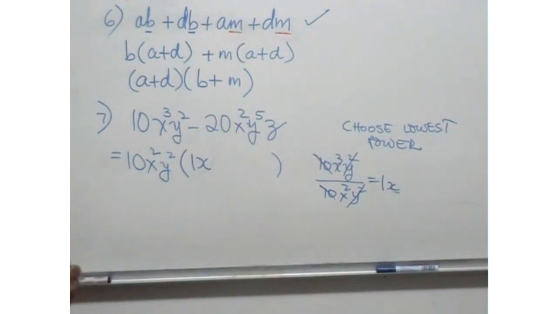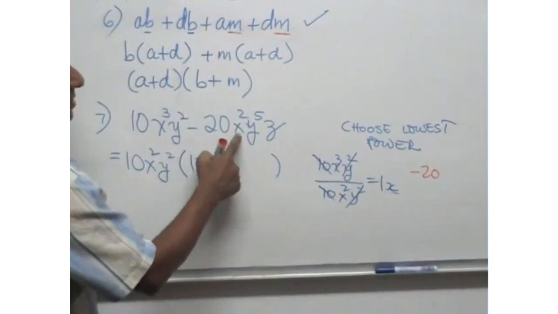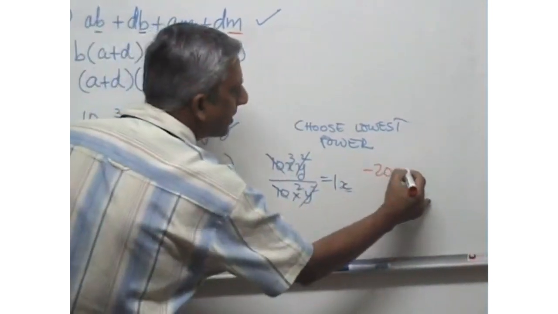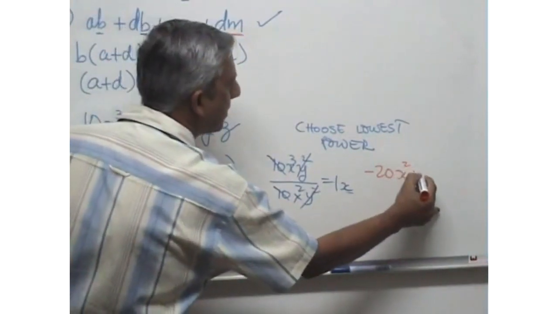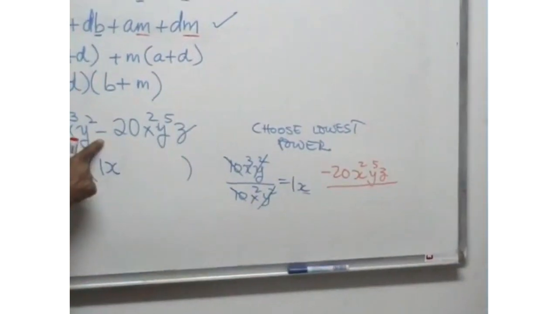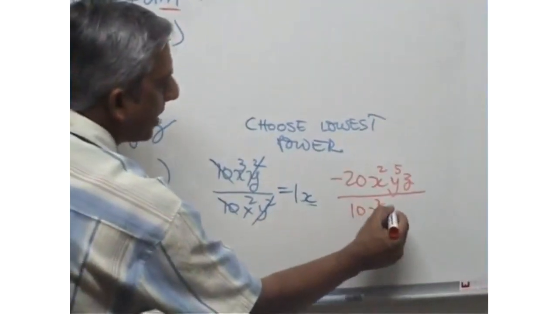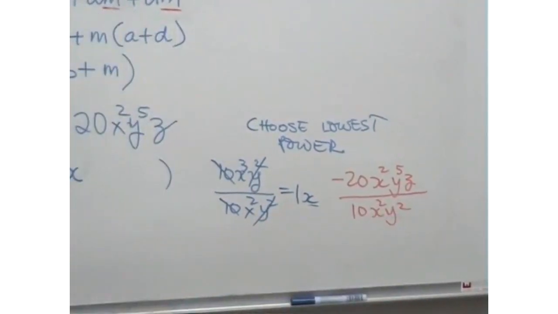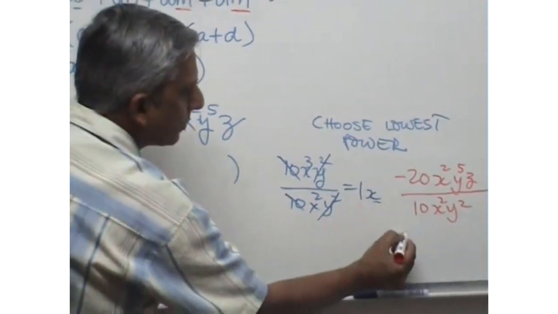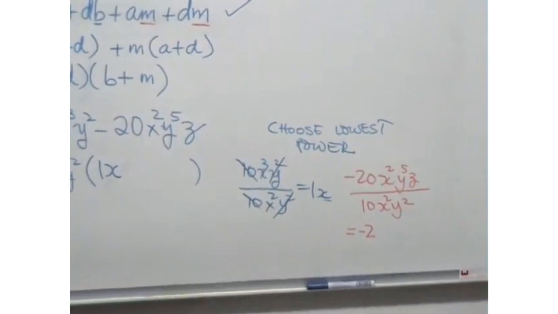Now we're taking the second part. The second part is minus 20 x squared y to the 5 z, with the minus sign. And we're going to divide it by the common factor, which is 10 x squared y squared. Firstly, minus 20 divided by 10 will give you minus 2.